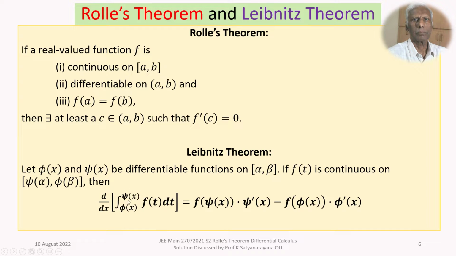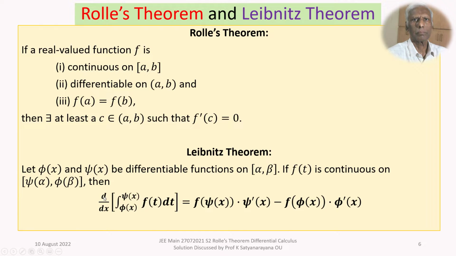of the integral from phi(x) to psi(x) of f(t) dt is equal to f of the upper function psi(x) multiplied by the derivative of the upper function psi'(x) minus f of the lower function phi(x) into the derivative of the lower function.